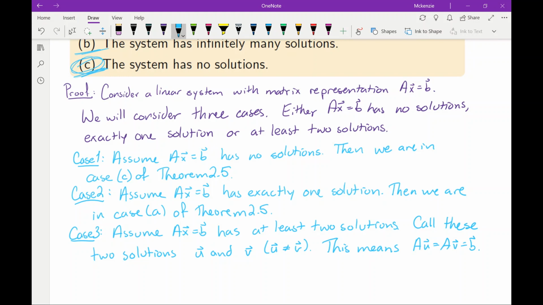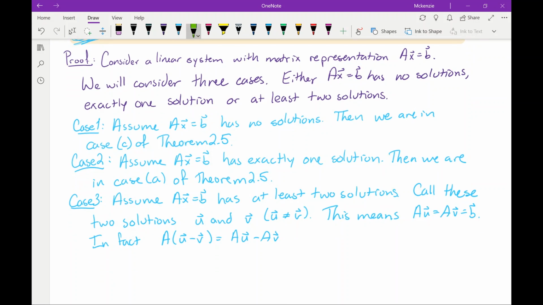So then, in fact, we can see that A times (u minus v) is equal to A times u minus A times v. And let's actually do this in a way where we say that this was distributivity of matrix multiplication. Then we have that A times u is b, A times v is b, so that would be substitution.